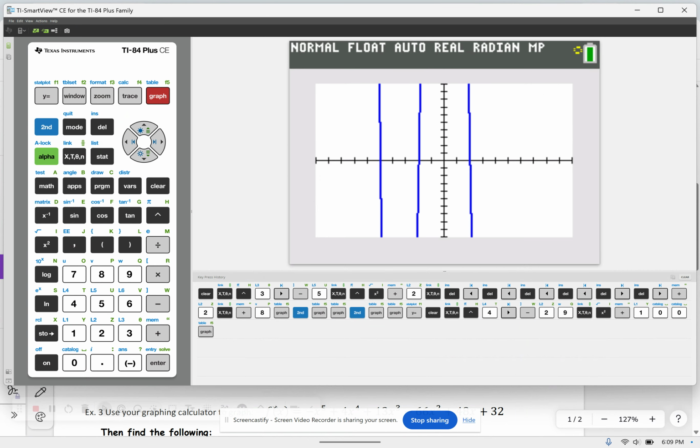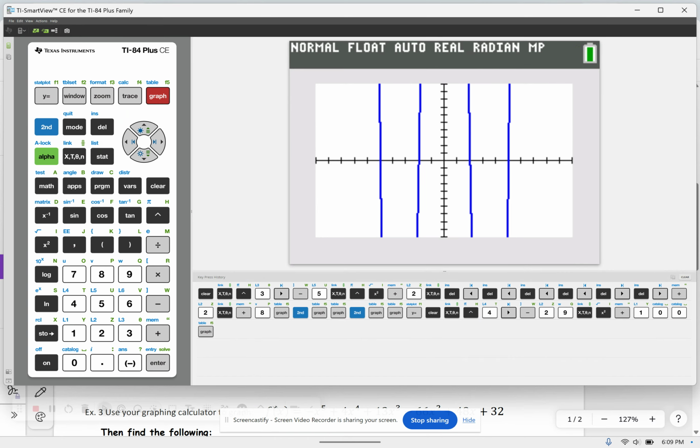Because when I hit graph, oh no, I don't see an entire picture. I see what looks like 4 random lines, and they're not connected. But a polynomial has to be one fluid graph.